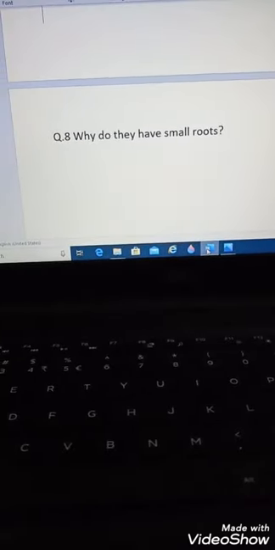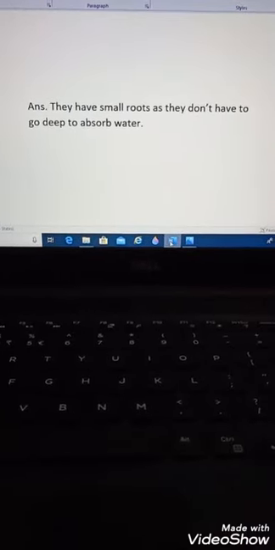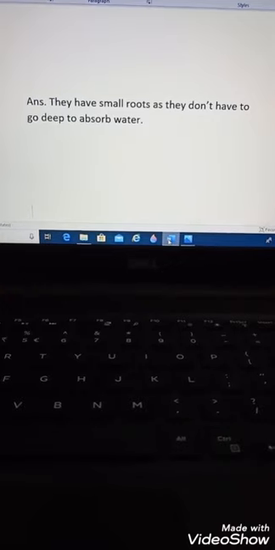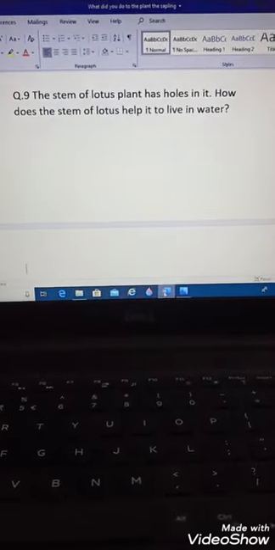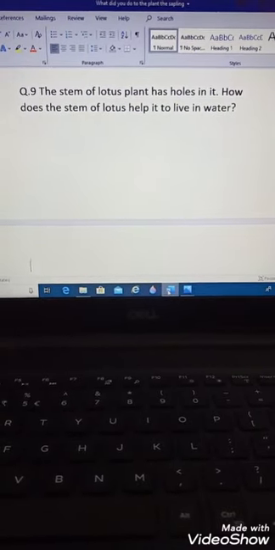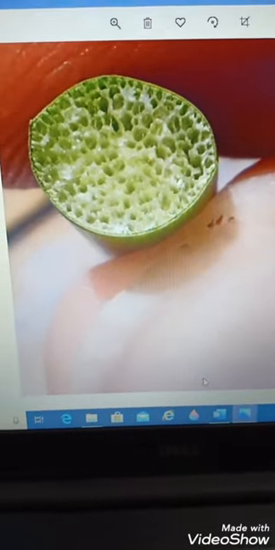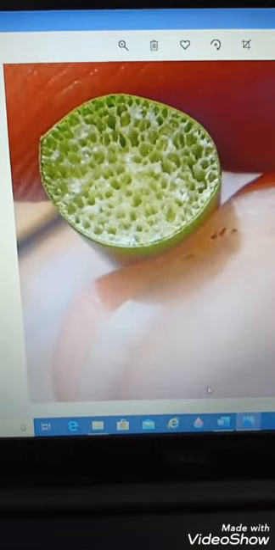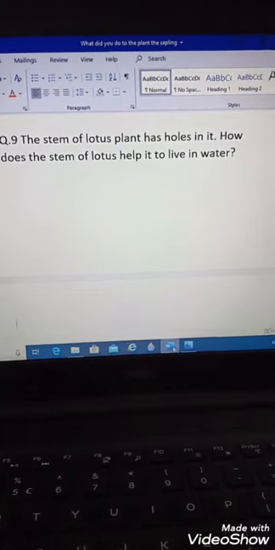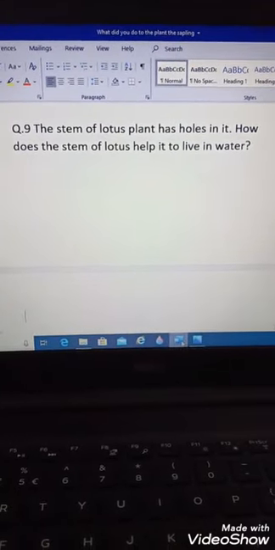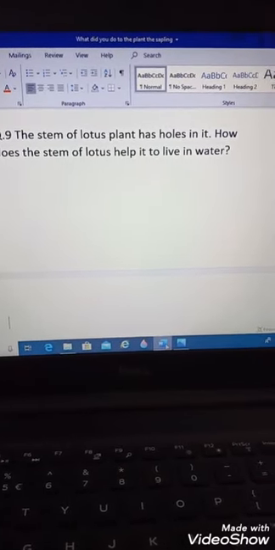The next question is, why do they have small roots? They have small roots as they don't have to go deep to absorb water. The stem of lotus plant has holes in it. Just have a look. This is the stem of a lotus and see the holes in it. So now my question is, how does the stem of lotus help it to live in water?